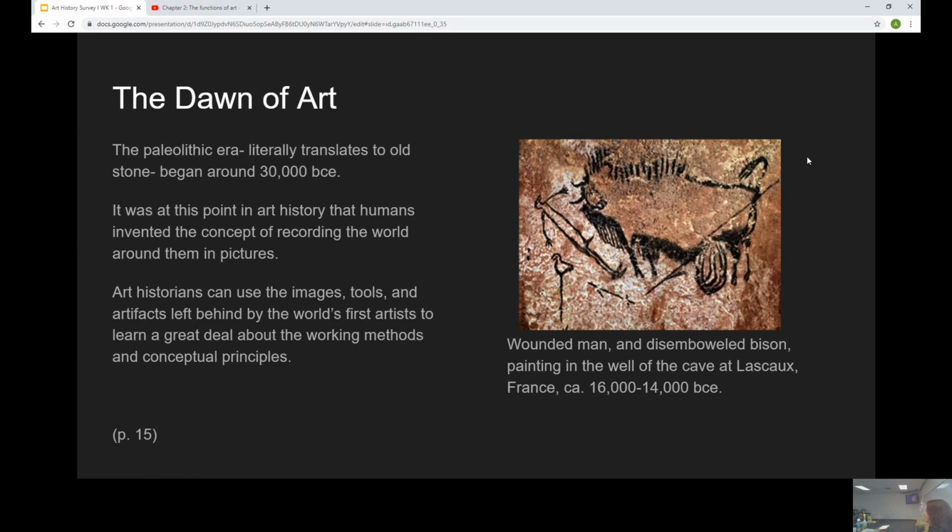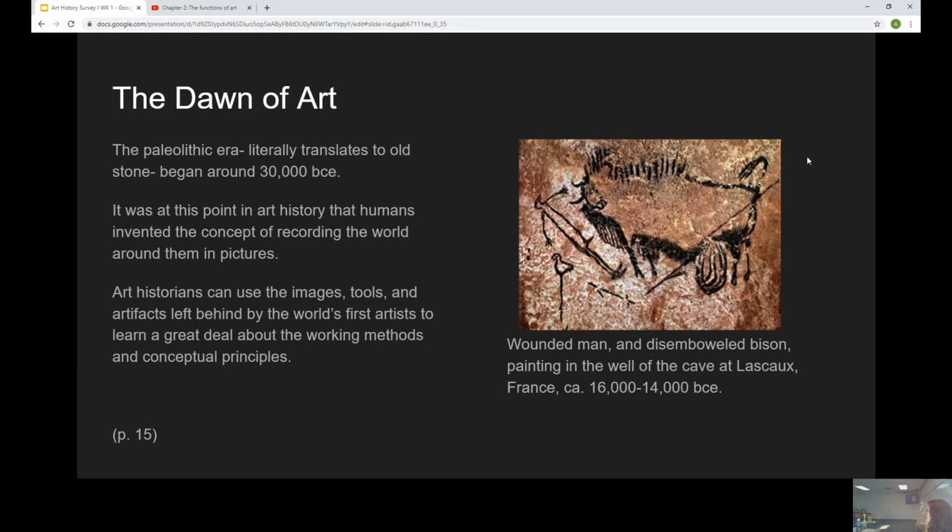Your art appreciation textbook considered the ochre stick to be the first artifact. It was a little piece of stone with geometric triangles carved onto it. This textbook thinks that it's paintings. Everyone has their own opinion though. So art historians do use these images and artifacts left behind to really understand a lot about these people.